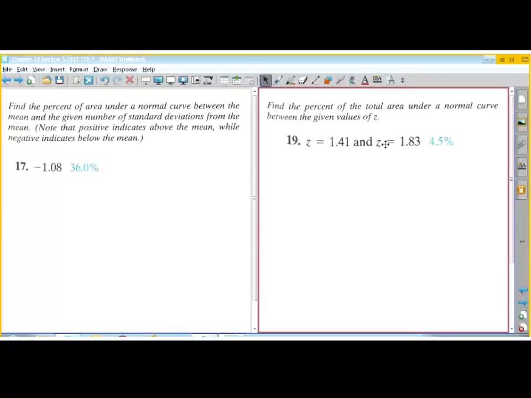Here they're asking for the area between these two values of z-score. So I'm going to draw my graph again, but rather than show it as values, I'm going to show it as z-scores. So how do I represent what's going on here? Before I would say this is where the mean is, but relative to z-scores, this is where z equals 0.